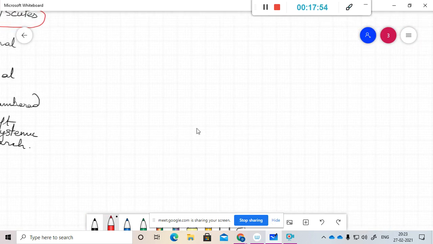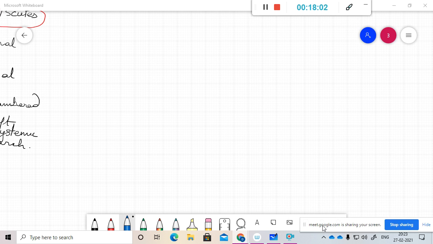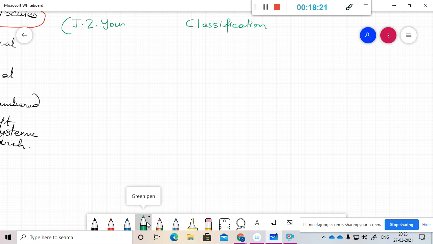Now let's go to the classification. This classification you have to write according to J.Z. Young, 1981. This is what you have to study in your syllabus.